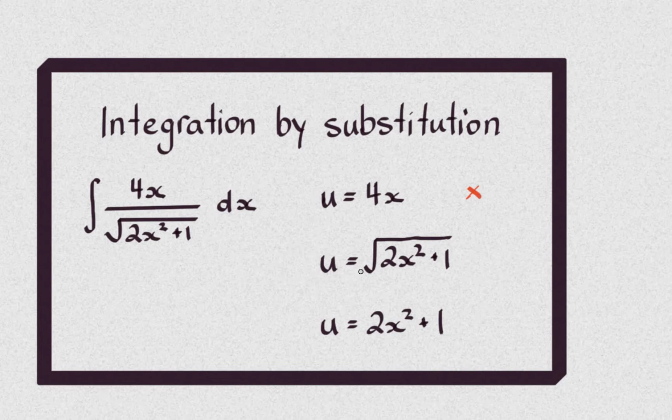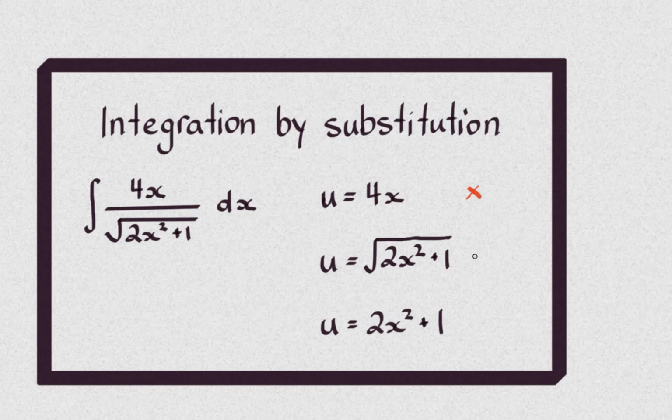What about u equals the square root of 2x squared plus 1? In working out the derivative, we would have to apply the chain rule. And so we can see that the derivative will involve a 4x component when this comes out the front. And the fact that this is a power of a half, when we drop the power by 1, that gives us minus a half. So it puts the square root of 2x squared plus 1 on the bottom.